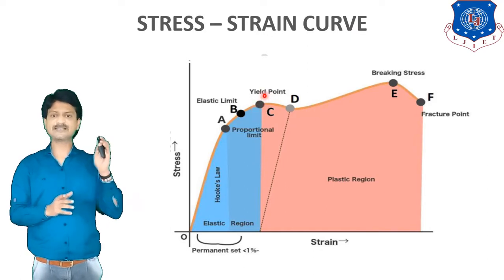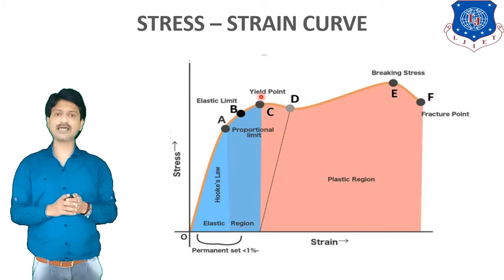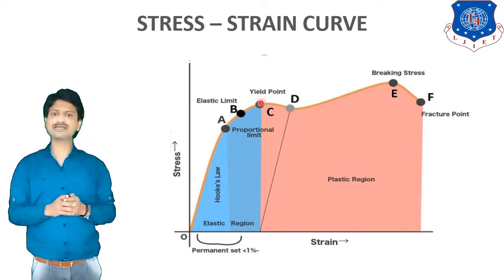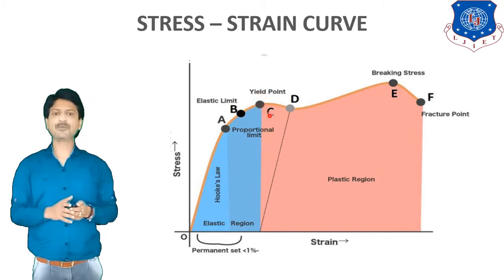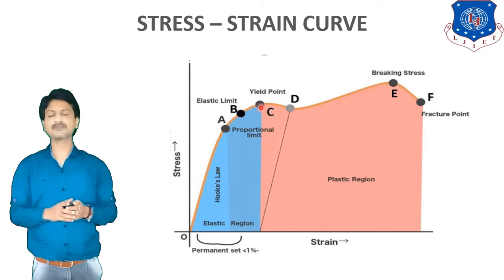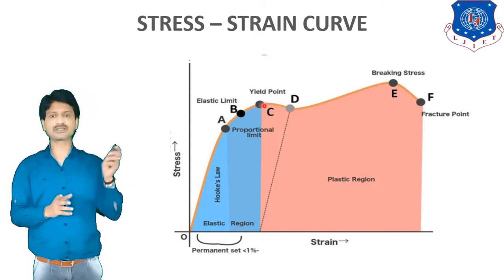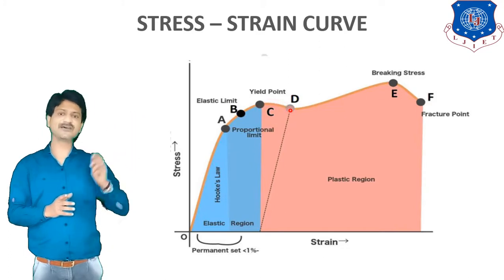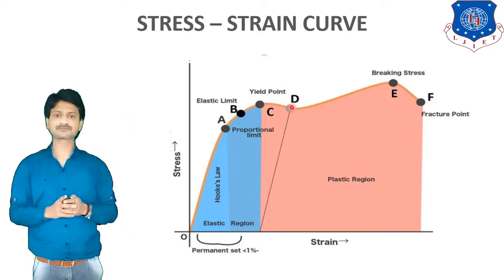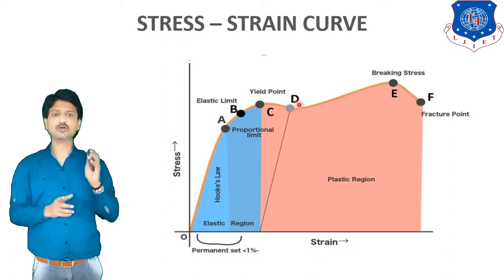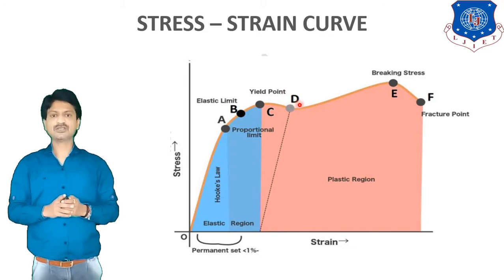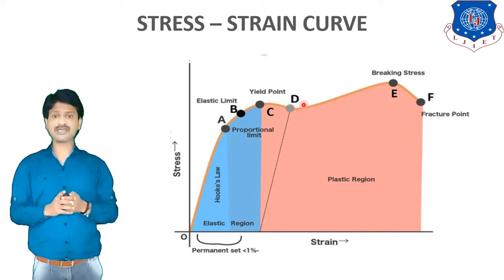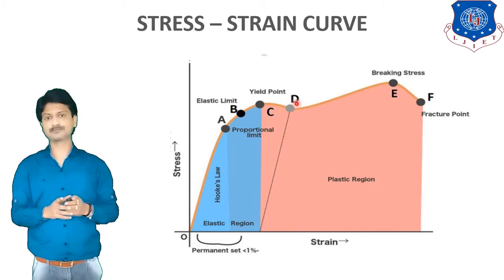That's why this stress is also known as yield stress and point C is known as the upper yield point. Now, moving further, you can see in the figure at point D, it is also known as the lower yield point. After yielding reaches D, further stress and strain can be obtained by increasing the load.